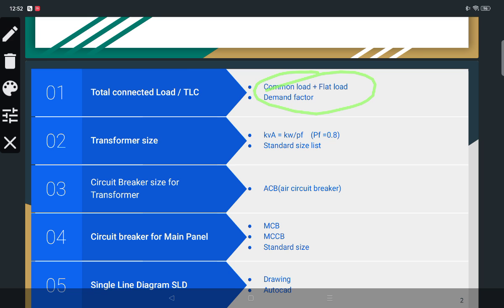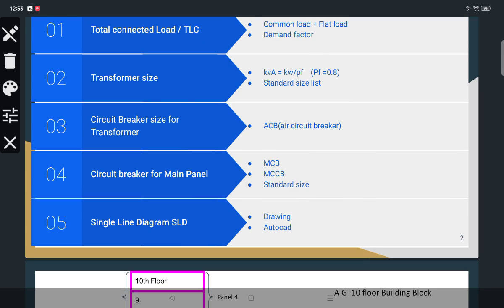Number two is the transformer size. If this building is going to use a separate transformer, which in general cases they don't, but if they are using one, what standard size should they use, what should the ratings of the transformer be, and what standard sizes do we have in the market. Number three is circuit breakers.